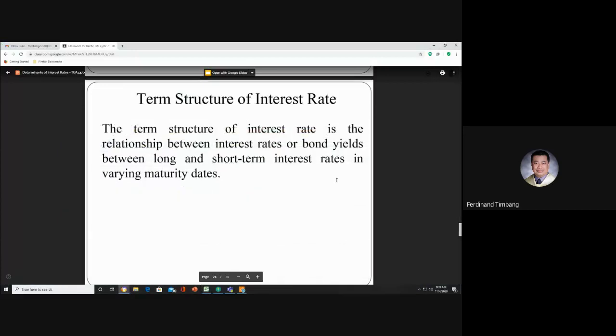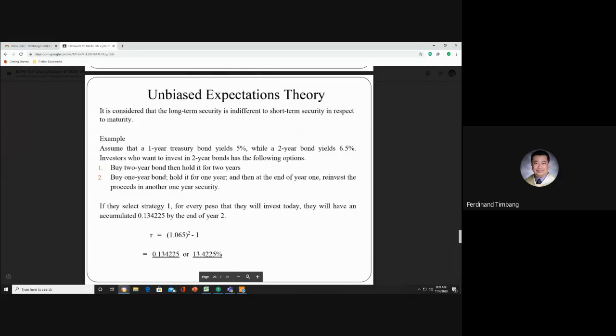So yan yung sinasabi ng term structure of interest rate dito kay Saunders naman. So it is considered that the long-term security is indifferent to short-term security in respect to maturity. Kaya sinasabi niyang unbiased expectations theory, no? So example natin, assume that a 1-year treasury bond yields 5%, ito 1 year pa lang, while a 2-year bond yields 6.5%.